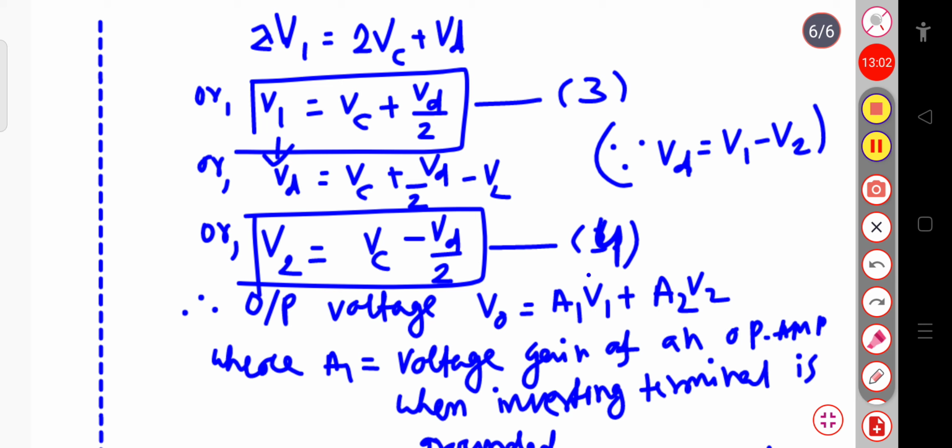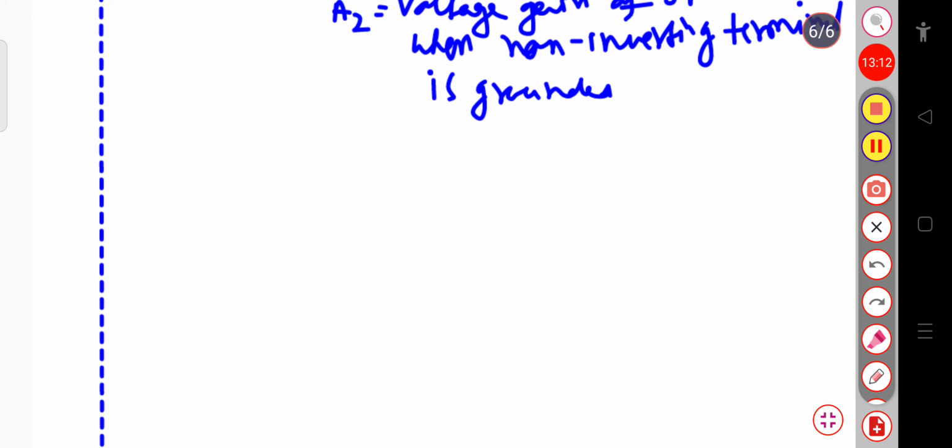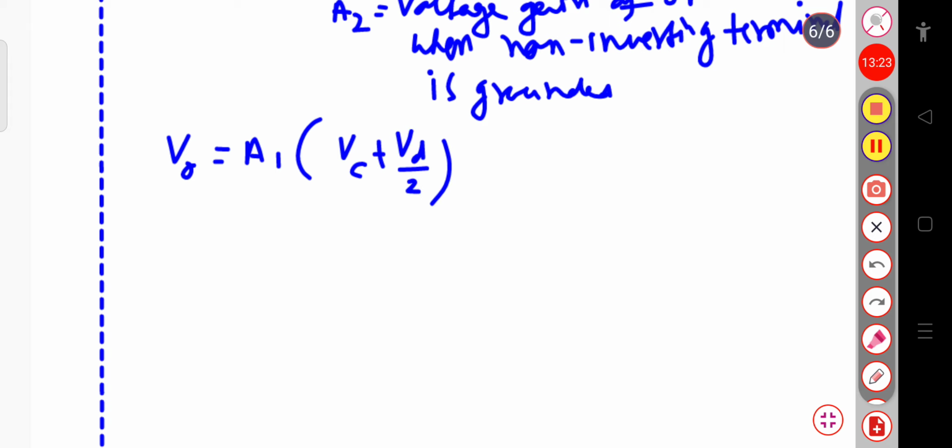If I substitute the V1 and V2 values in this VO expression, putting equations 3 and 4 in it, we will get V0 equal to A1 into (VC plus VD by 2), this is your V1 value, plus A2 into (VC minus VD by 2), this is your V2 value.